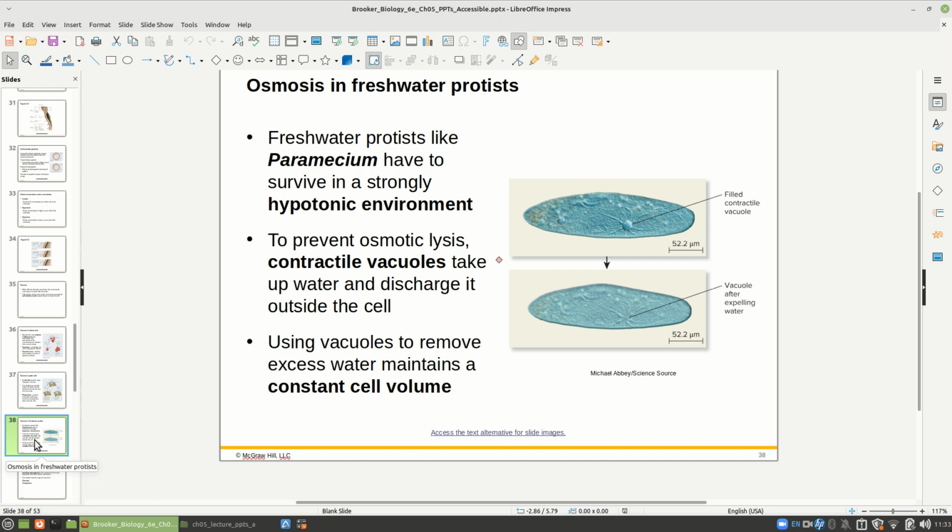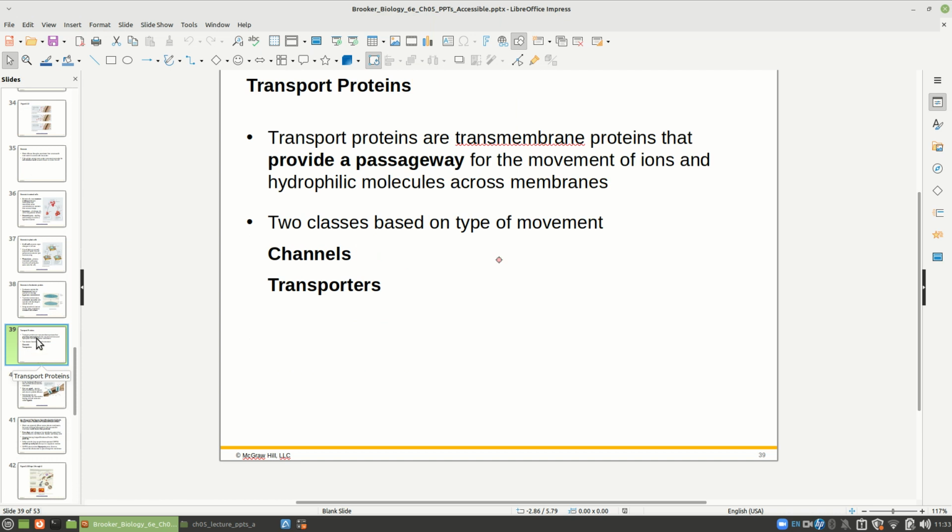You can skip the part on the protists, so we're not interested here. But transport proteins are very important. Some things can move, like water moves via osmosis and diffusion, but there are these pumps that we've talked about in previous videos, and they can be classified as either channels or transporters.